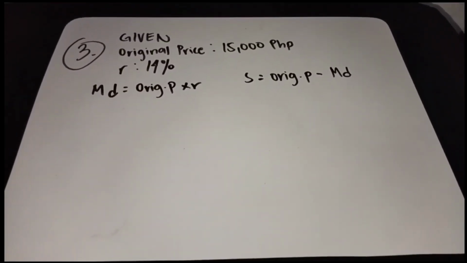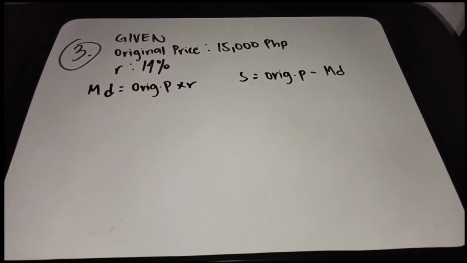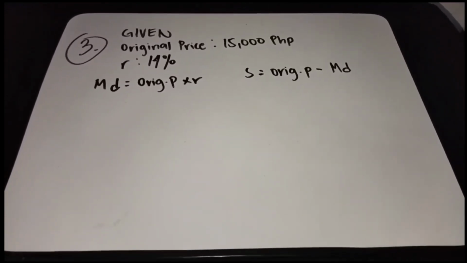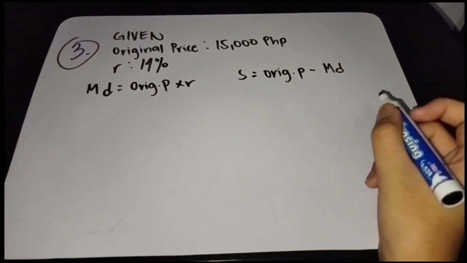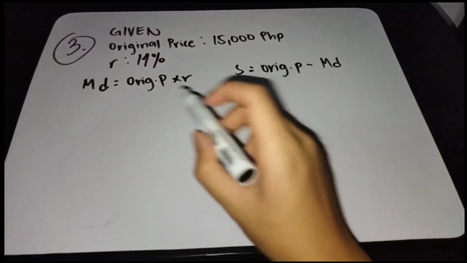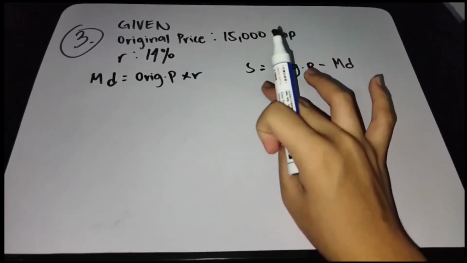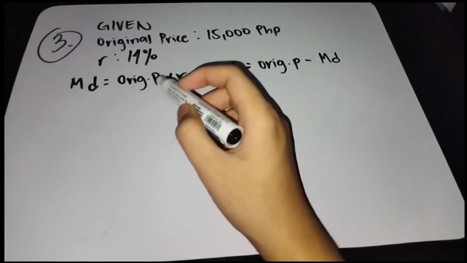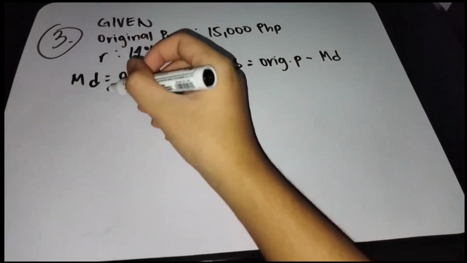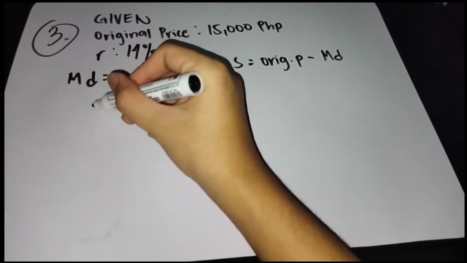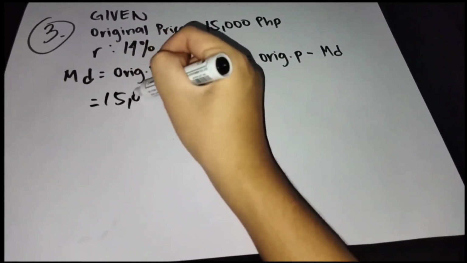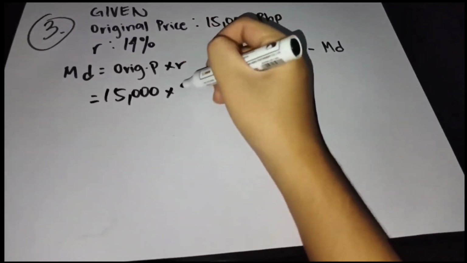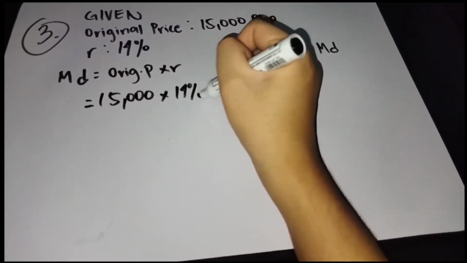So for our last activity, ang given natin ay yung original price na 15,000 pesos at yung rate na 14%. So ang hahanapin natin dito ay yung markdown at yung selling price. Using the original price times R, pwede natin makuha yung MD. Gagawin lang natin ay 15,000 times 14%.